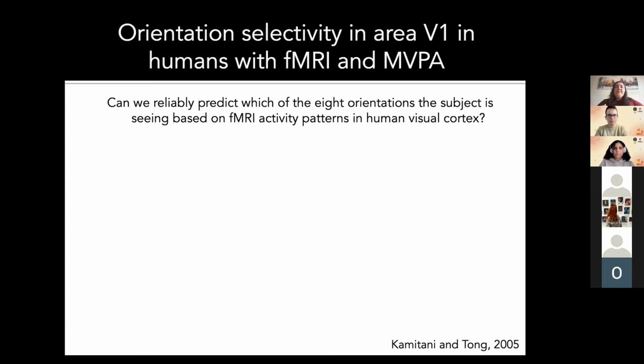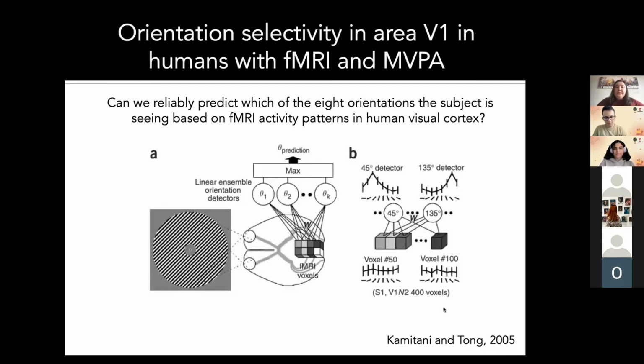So the idea is, can we reliably predict which of the 8 orientations the subject is seeing based on fMRI activity patterns in human visual cortex? What the researchers did is show these grating patterns. For example, this is one pattern, let's say 45 degrees, and they show 8 different patterns like this with different orientations. They first record brain activity from primary visual cortex.